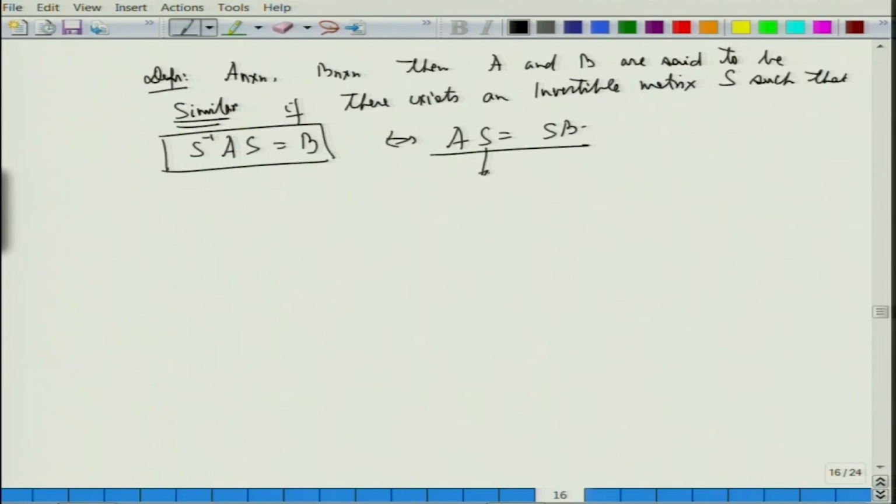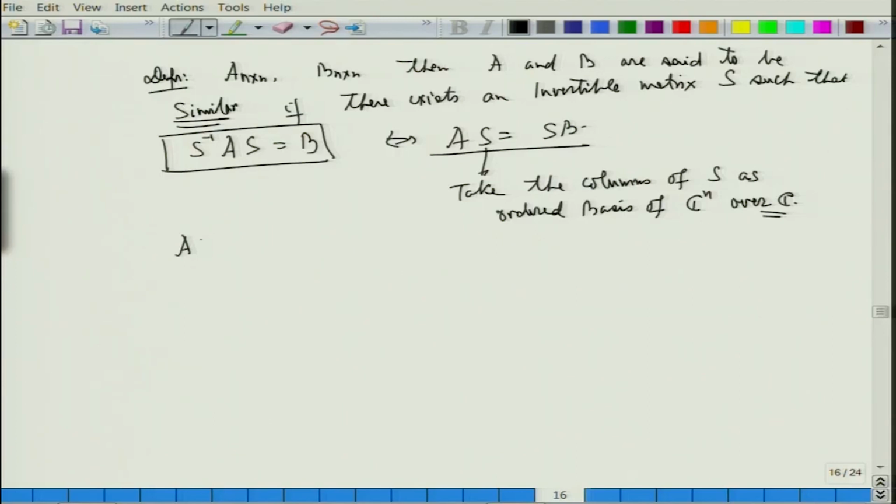Think of S, so take the columns of S as ordered basis of Cn over C. Fine. Then what we are saying is that I have got A here, I am applying, so S is there, so I am applying A to the first column, A to the second column, and so on, A to the nth column.